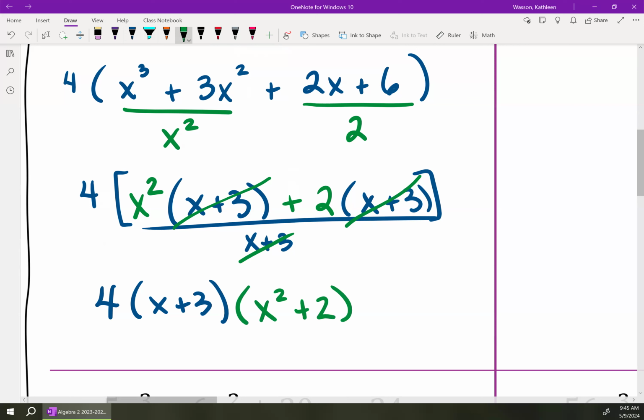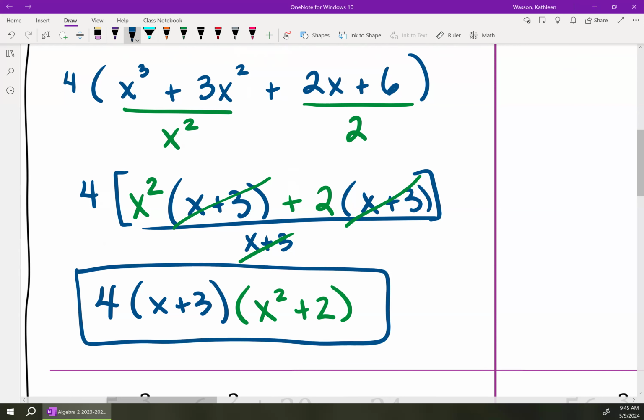And you double check and make sure, or triple check, that there's no more factoring to be done. X plus 3 can't be factored. X squared plus 2 can't be factored. So we're finished. But always look one more time at your final factored result and make sure that you're really actually finished.